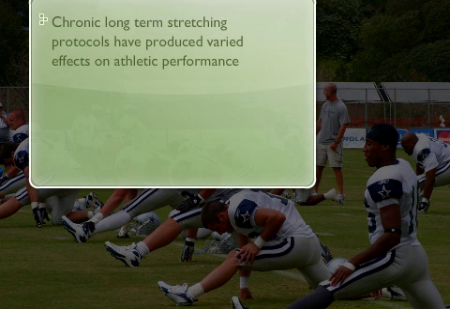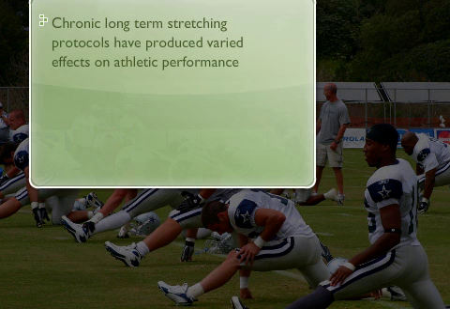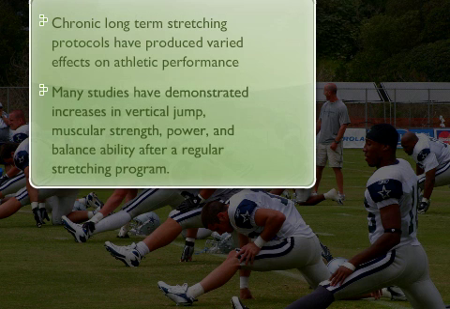Conversely, chronic, long-term stretching protocols have produced varied effects on athletic performance. In addition to an increased range of motion, many studies have demonstrated increases in vertical jump, muscular strength, power, and balance ability after a regular stretching program.